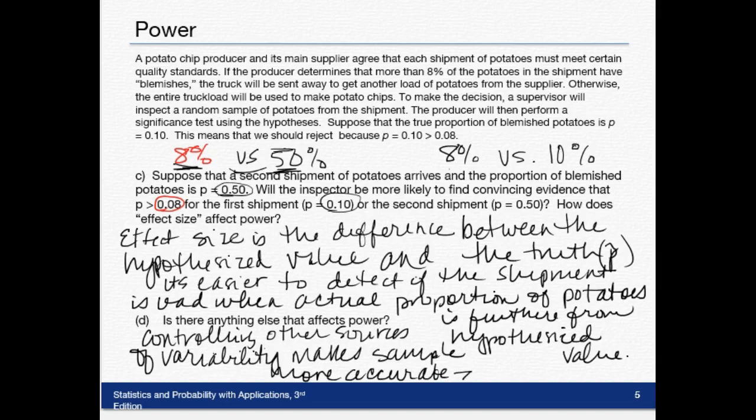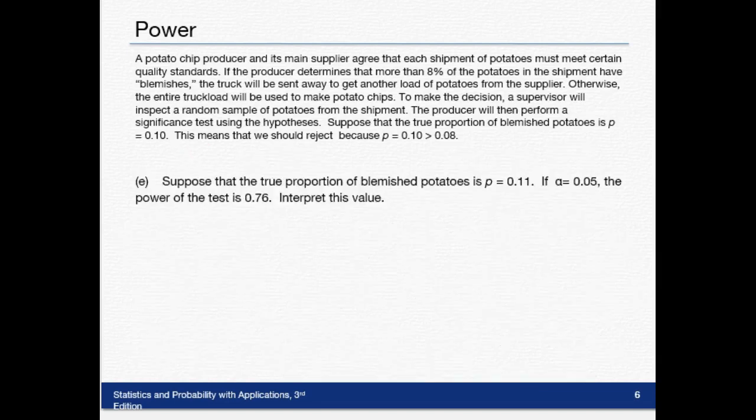And if it's more accurate, there's more power. Okay, so effect size increases, then your power increases. And then this just other little piece that could affect power is just making sure you control variability, like stratify your sample or something that makes sense in this scenario.